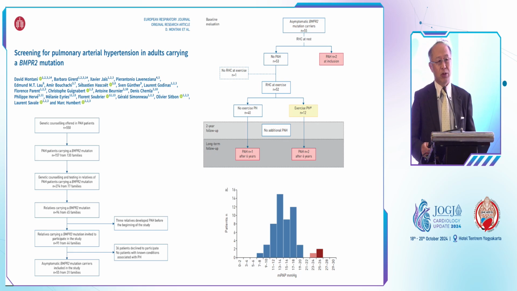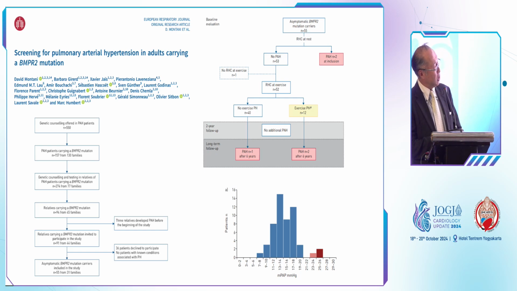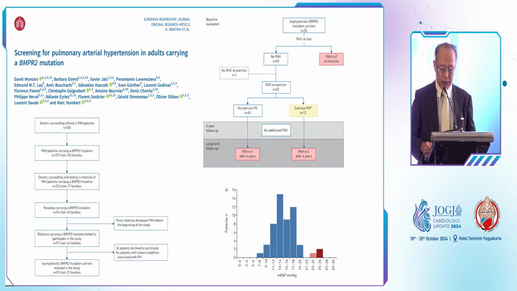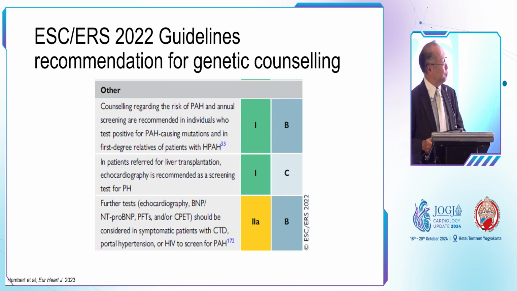So as I told you, in general, it is 10 to 20 patients out of 1 million people, but in this case, 5 patients in 55 people in total. So this is a very effective way to identify new patients.